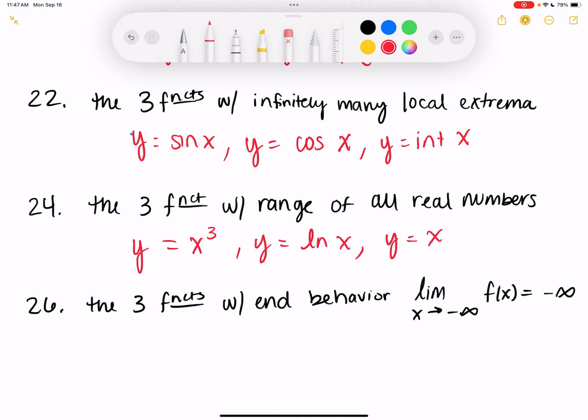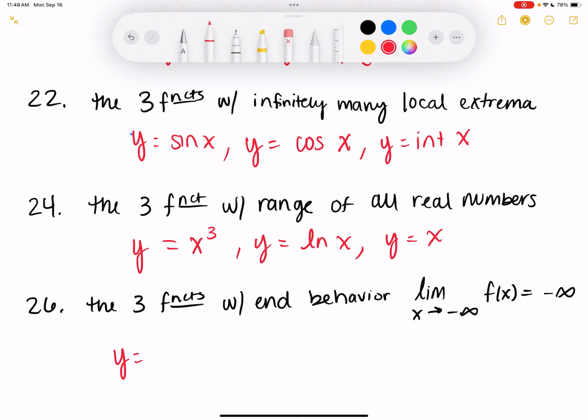Y equals b of x? Nope. Y equals 1 over x? So look, I'm looking as my x value goes to the left, y value is going down.